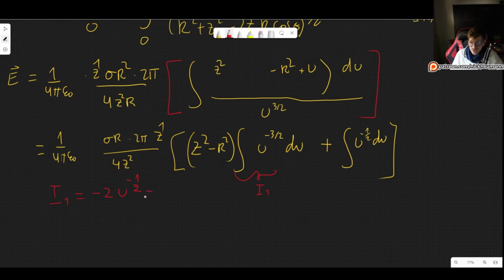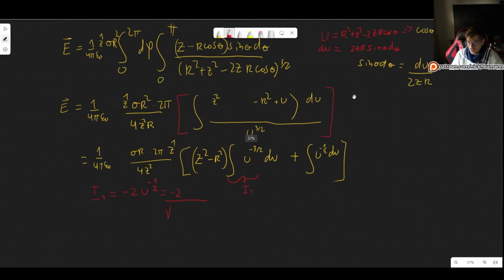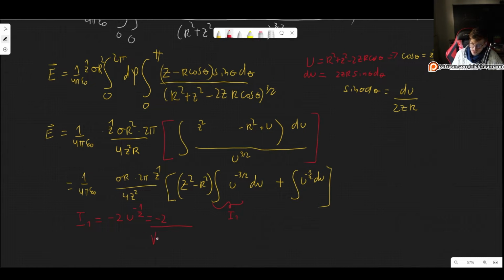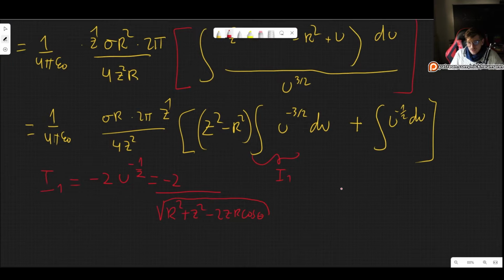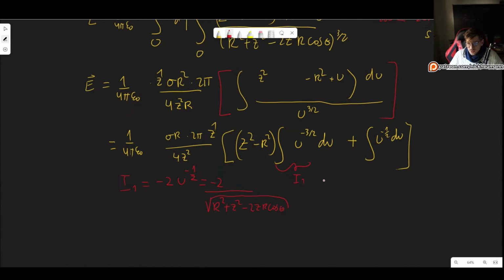So if we undo the substitution, that means that we get minus 2 divided by the square root of u. So divided by the square root of r squared plus z squared minus 2zr cosine theta. There we go.